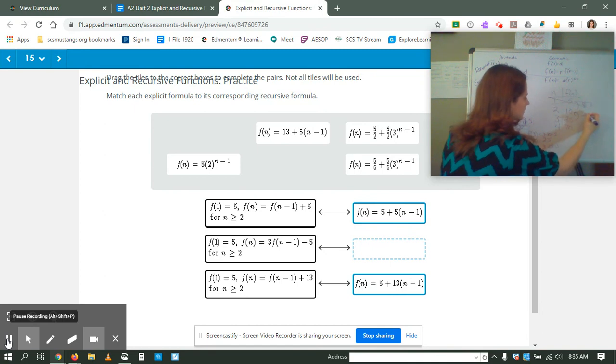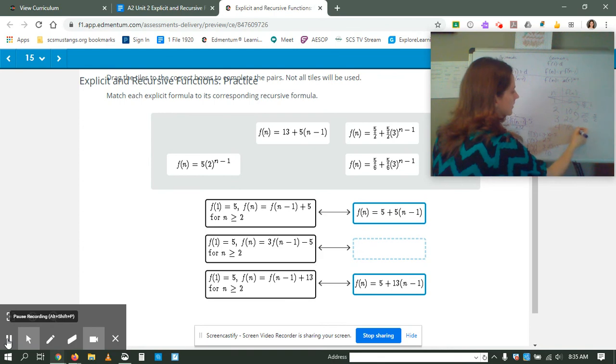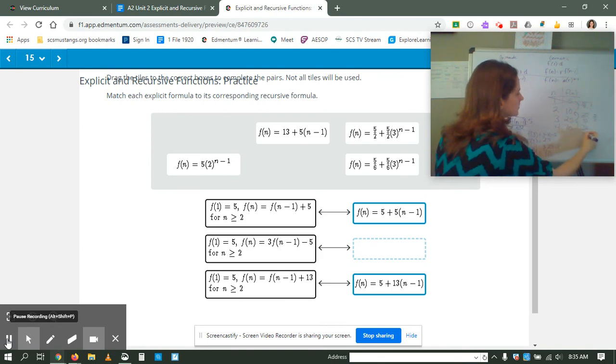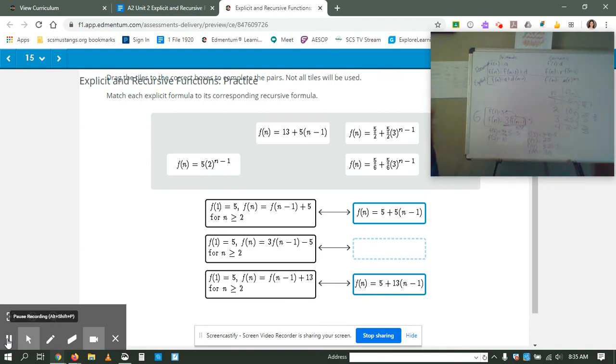So 25 divided by 10 is going to be 5 over 2. And then 70 over 25. Let me plug in my calculator, make sure I have this value right. 70 divided by 25, and then switch it to a decimal, will give us that same value.